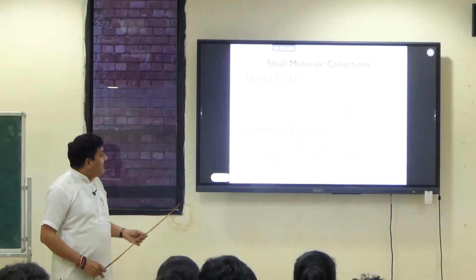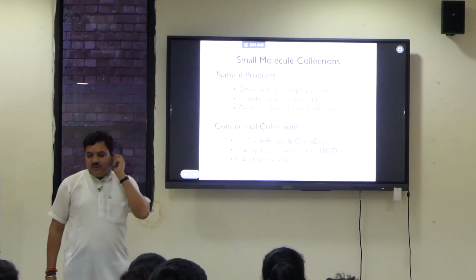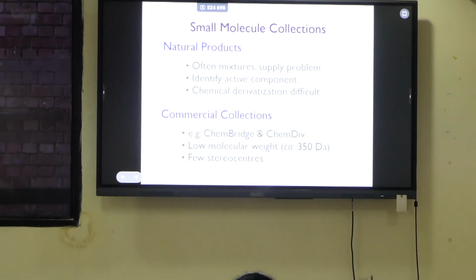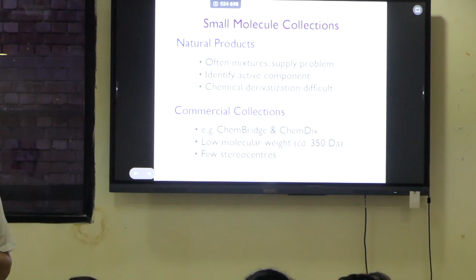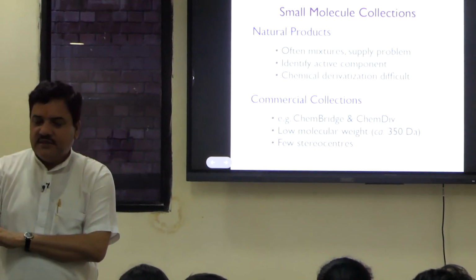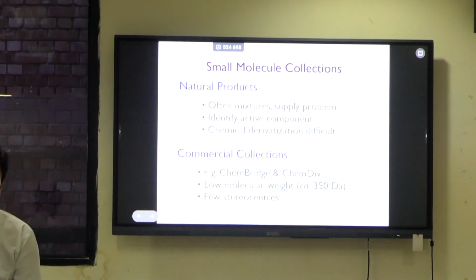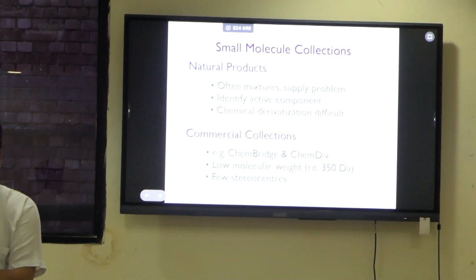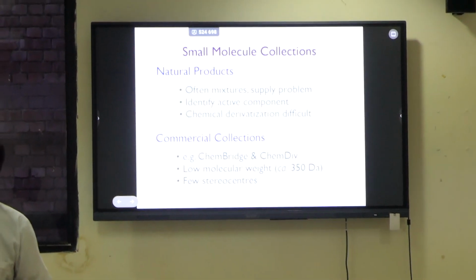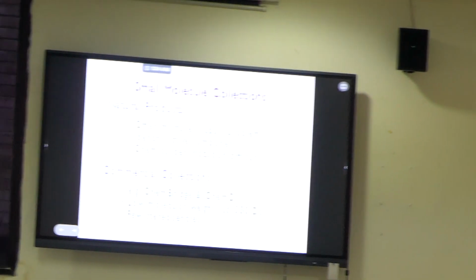Then, in natural products, there are challenges also. When you think about taking a molecule from natural products, the very first step, isolating the molecule, is a very tedious job. If you have seen in your lab or institution, isolating a natural product molecule from a natural source is not an easy task, because in one plant, thousands of molecules are there. So separating and isolating them is a very, very tedious process.